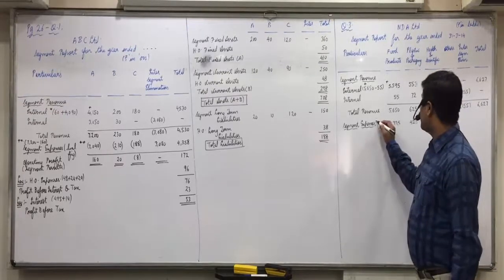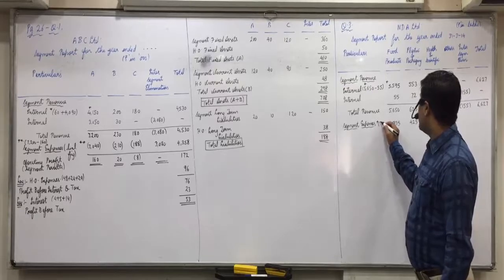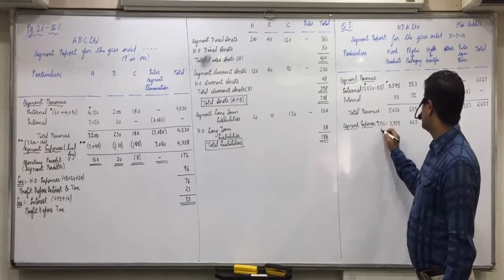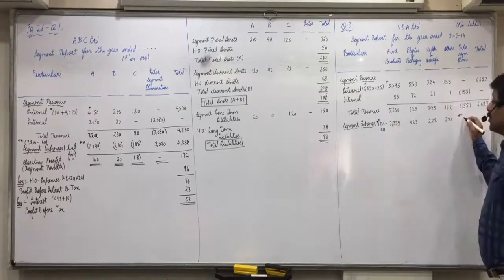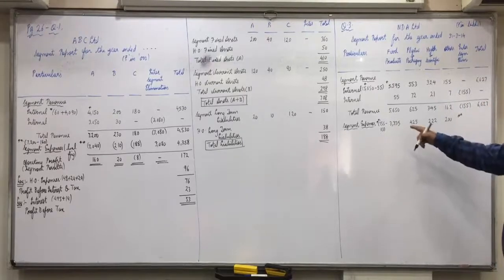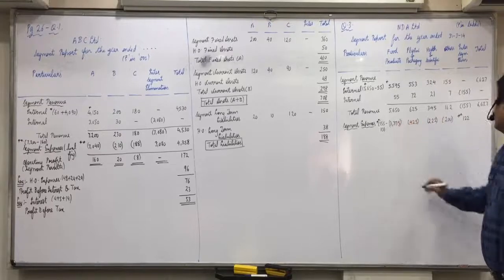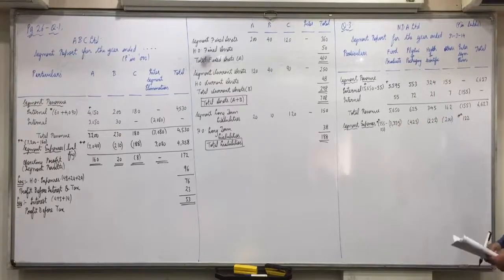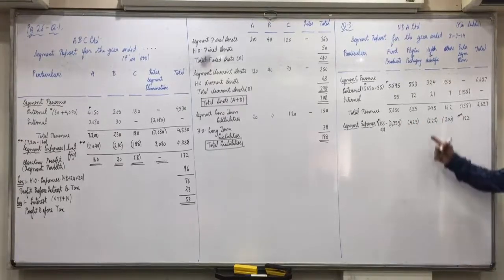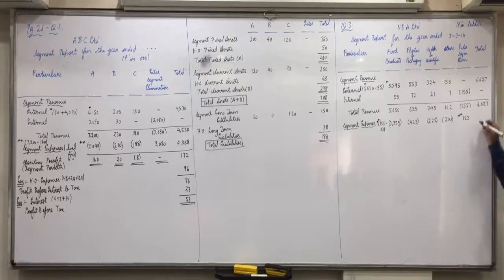So the difference of 155 minus 33 is coming to 122. This all you will minus, but 122 you will add. And total comes to how much? Do it: 3335, 425, 222, 200, but minus 122, inter-segment elimination. 406. Did everyone understand this?